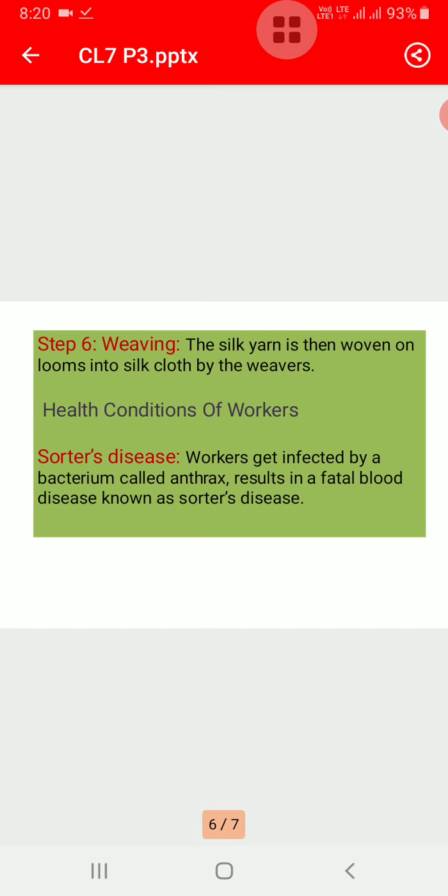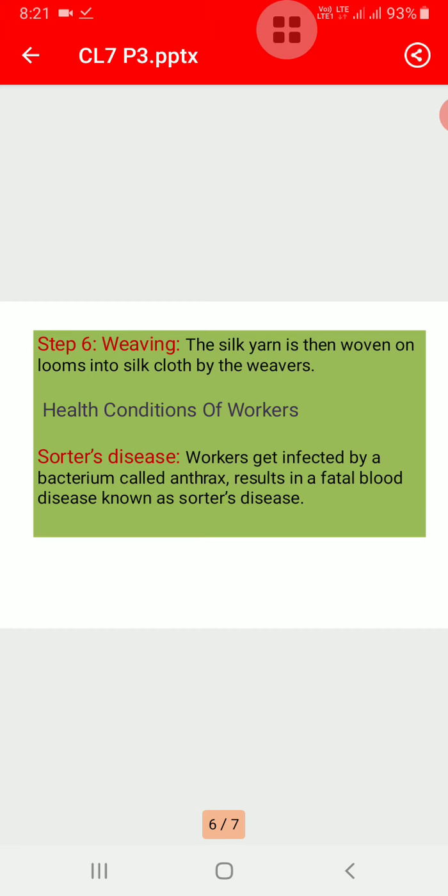Now, the workers in the silk industry suffer from many diseases. So here are some health conditions of workers in the wool and sericulture industry.